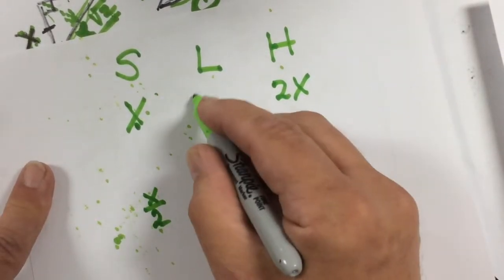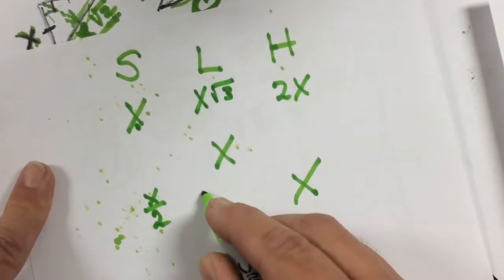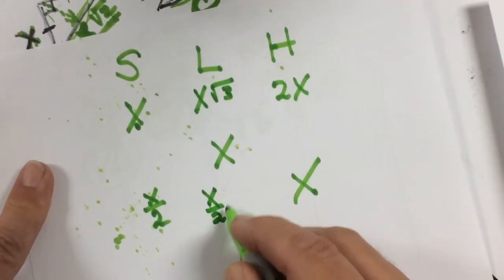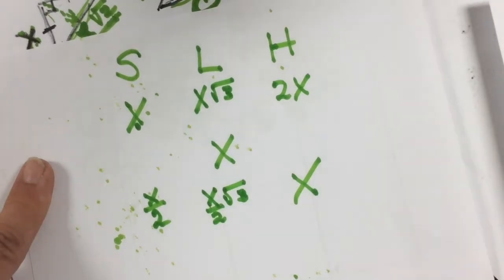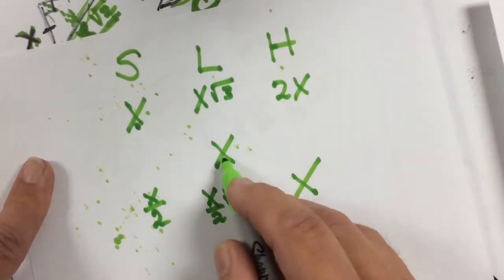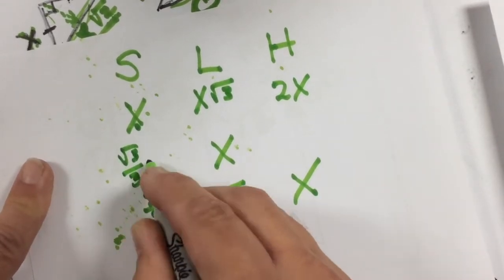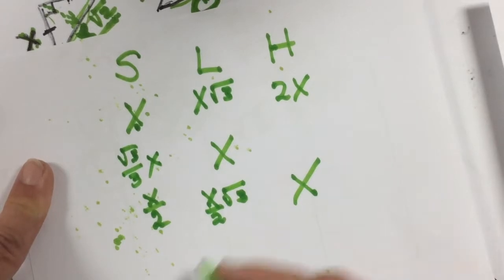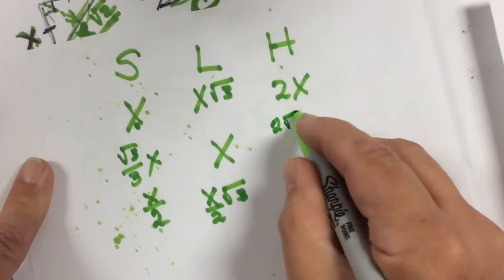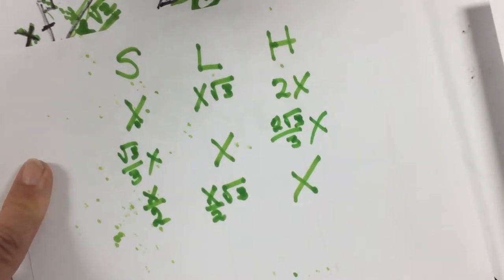Whatever the short leg is, the long leg is going to be that number times the square root of 3. And here we just figured out that if I give you the long leg, the short leg is the square root of 3 over 3 times that number. And the hypotenuse is 2 times the square root of 3 over 3 times that number.